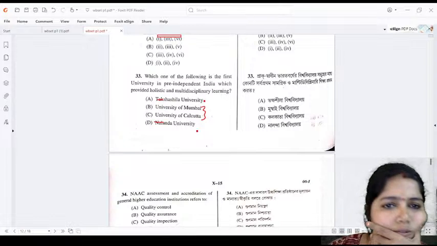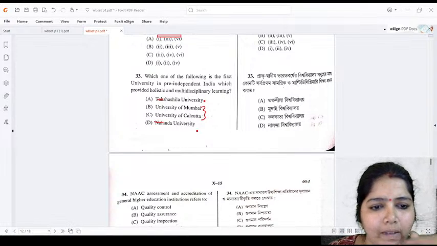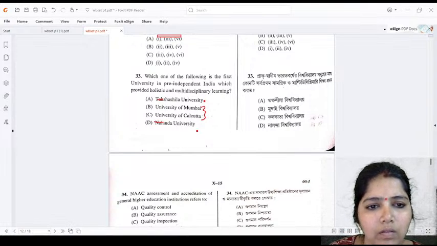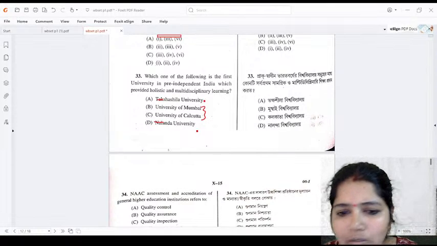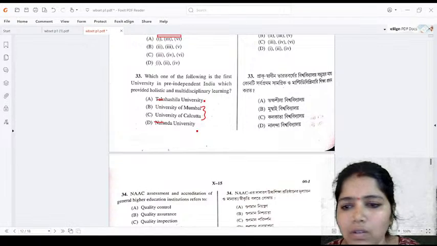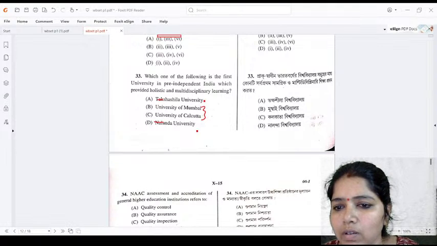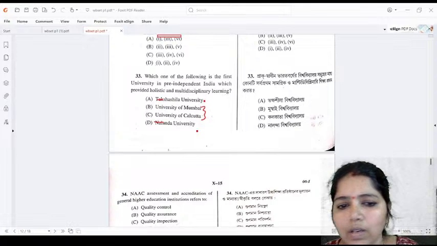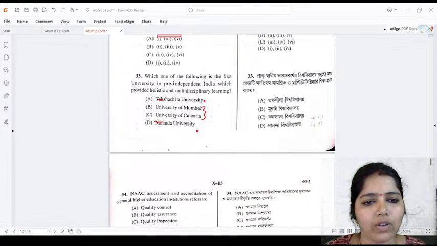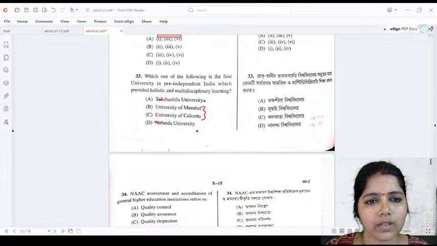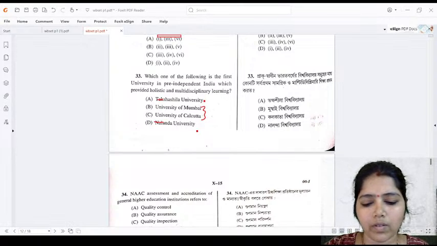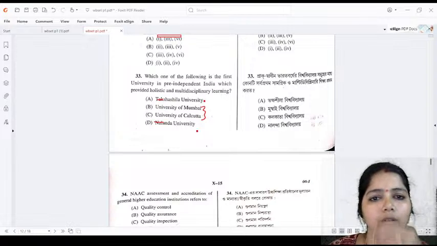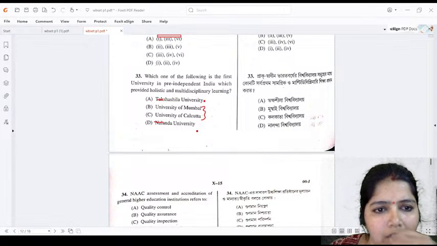I think it's Calcutta University. Learners, what did you write? I have a doubt with Calcutta University. Yes, I think so.